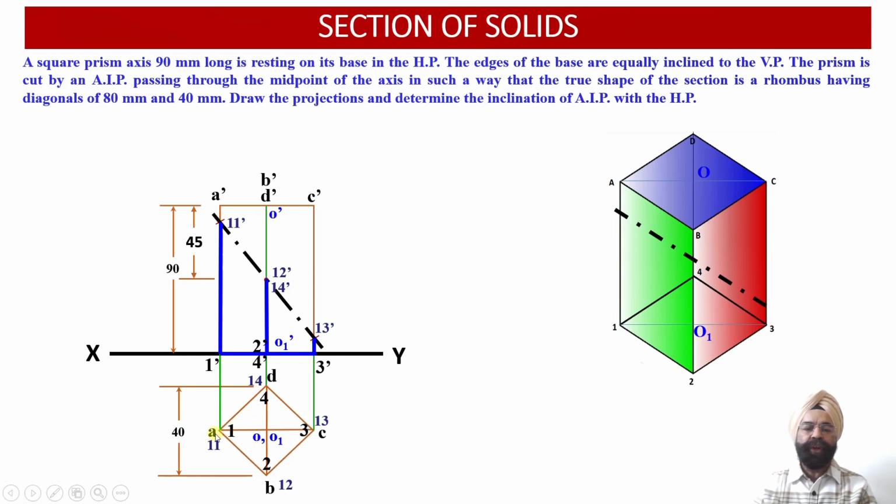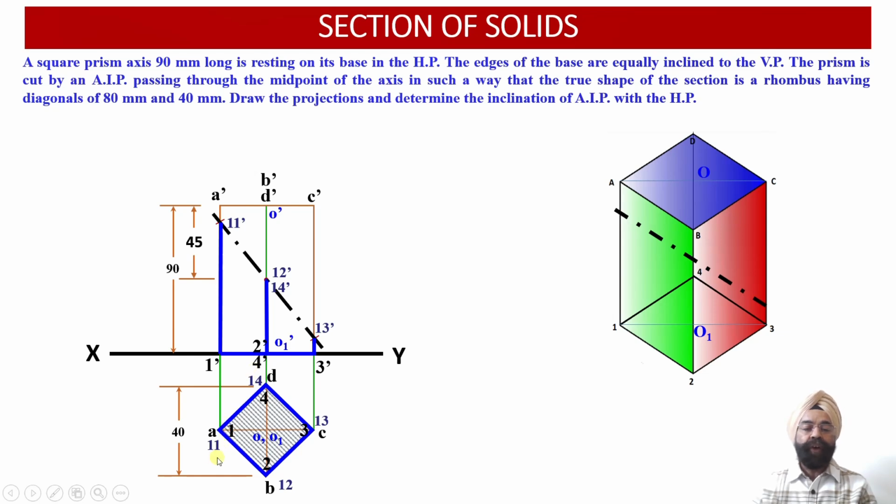Similarly, in the top view, let us obtain the projections of the uncut solid. So the uncut solid will be A, B, C, D. And the section top view will be obtained by joining the points 11, 12, 13 and 14.